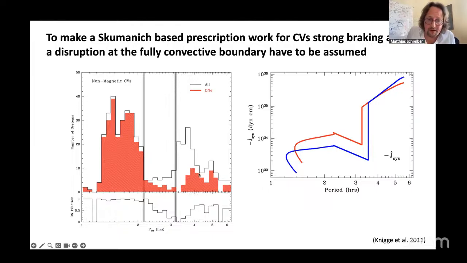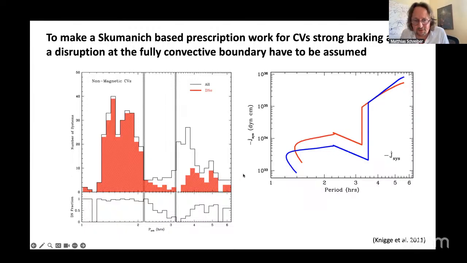Then the mass of the donor star is decreasing while they evolve from longer to shorter periods, and as the mass decreases, it becomes closer and closer to the fully convective boundary. And if it reaches the fully convective boundary, something happens to the dynamo and magnetic braking decreases significantly or turns off completely. And if that happens, you can reproduce this gap.